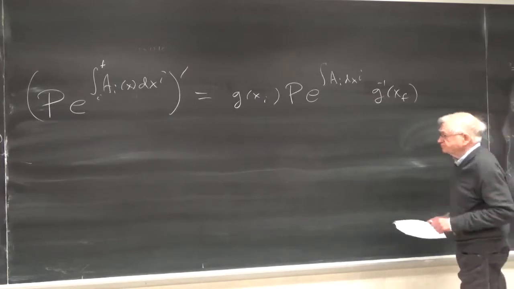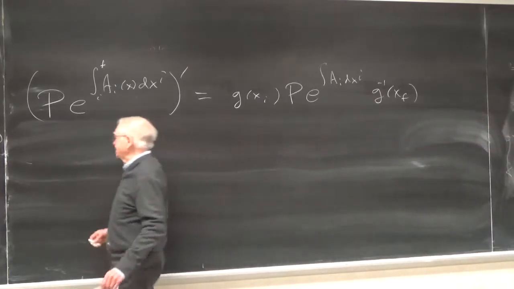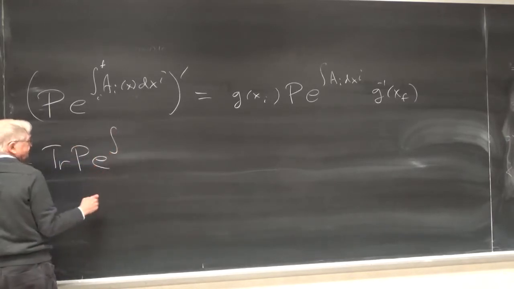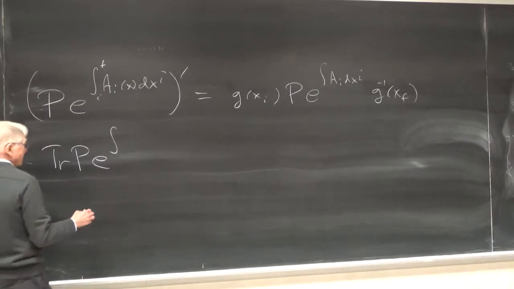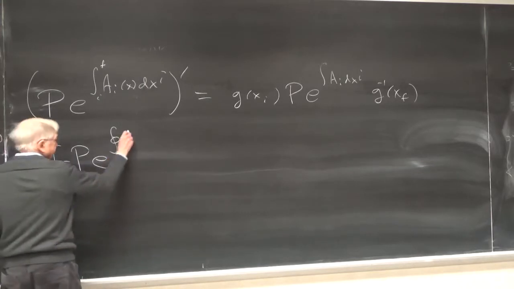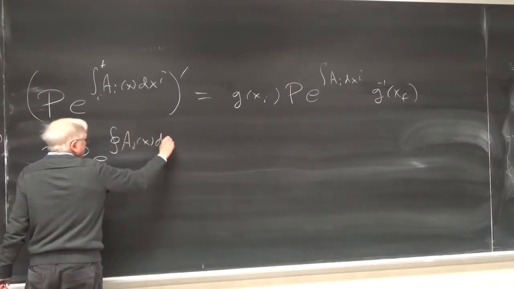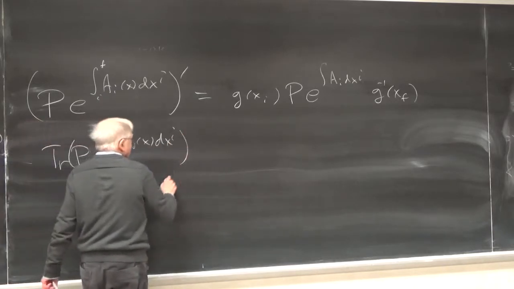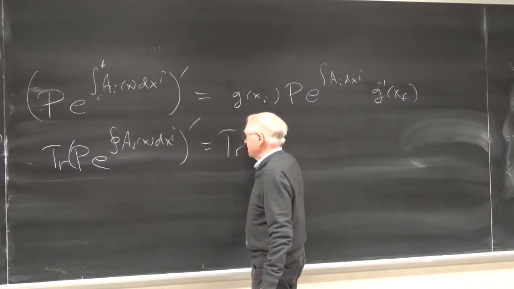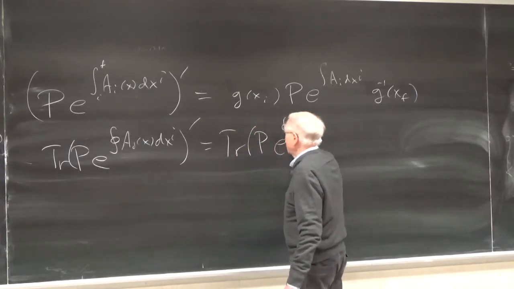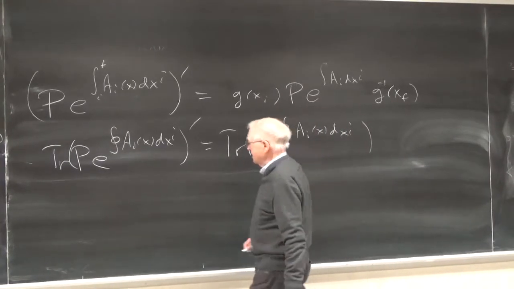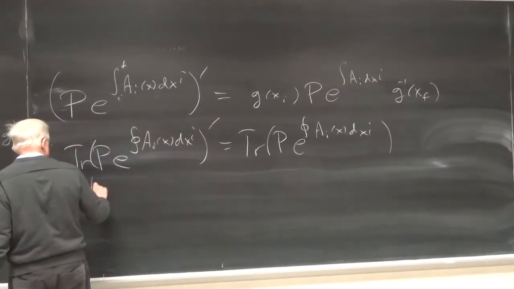That means that if you take the trace of the path-ordered integral around a loop, then this is gauge invariant. So W prime is equal to the trace of path-ordered e to the integral of A_i(x) dx^i. This is the Wilson loop.